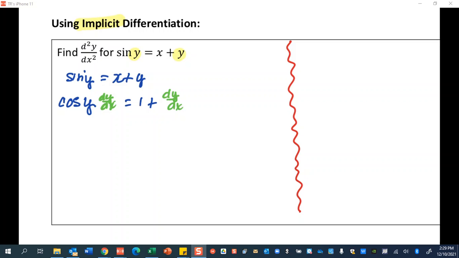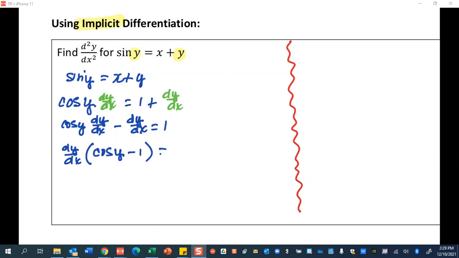All right, I need to get my dy dx's on the same side. So I'm going to say the cosine of y times dy dx minus dy dx is equal to 1. And then, of course, I'm going to factor dy dx out. And I have the cosine of y minus 1.